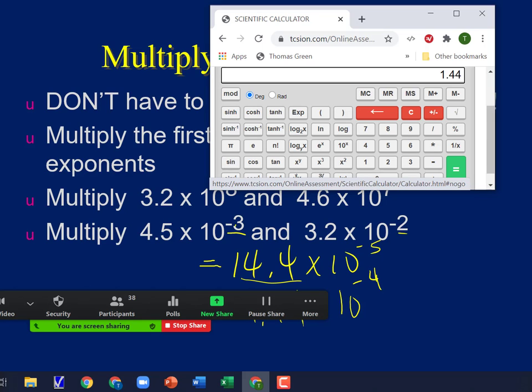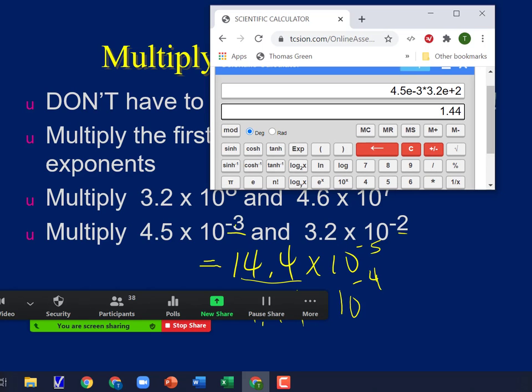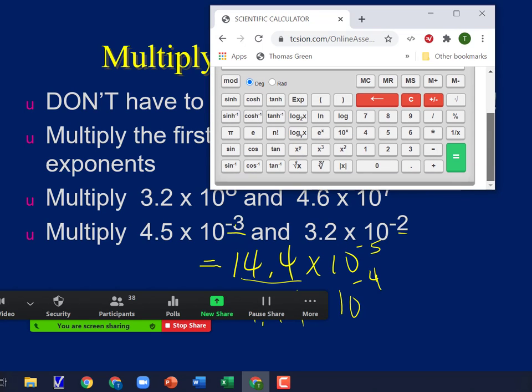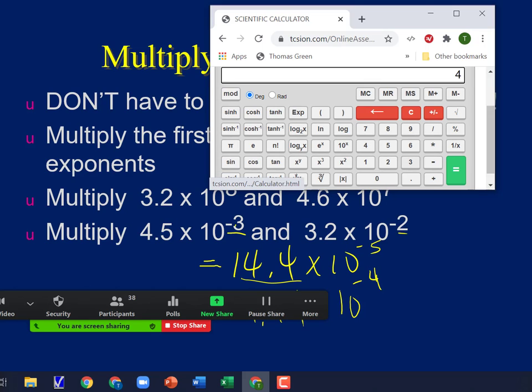What did I do wrong? Oh, my 2 didn't get negatived. And I knew it was wrong because it didn't have the right exponent. It's got to be a negative exponent.